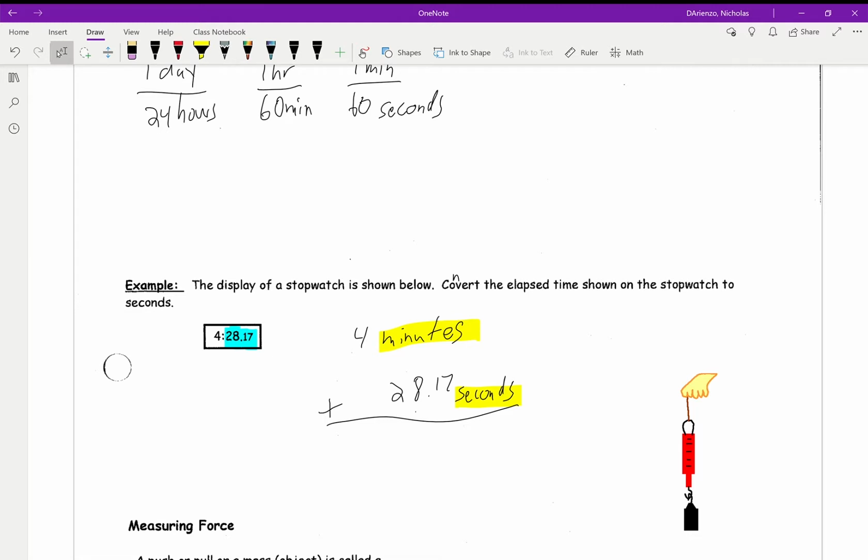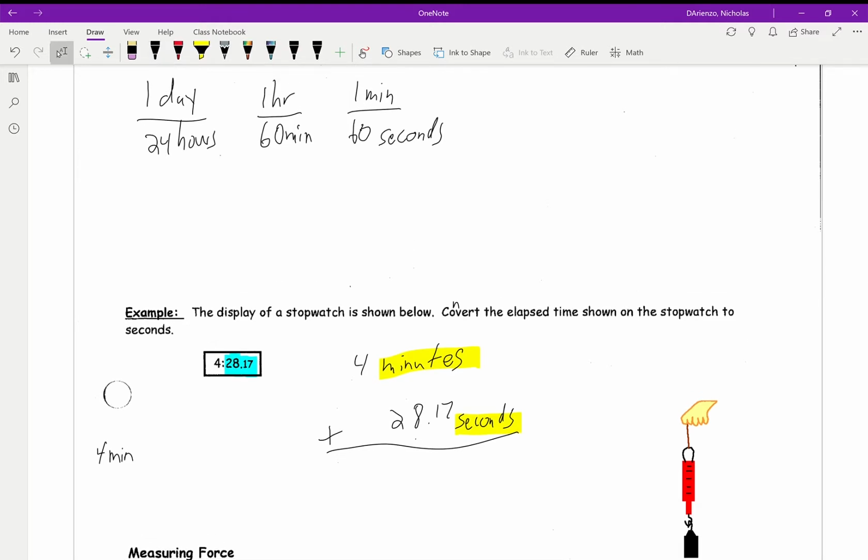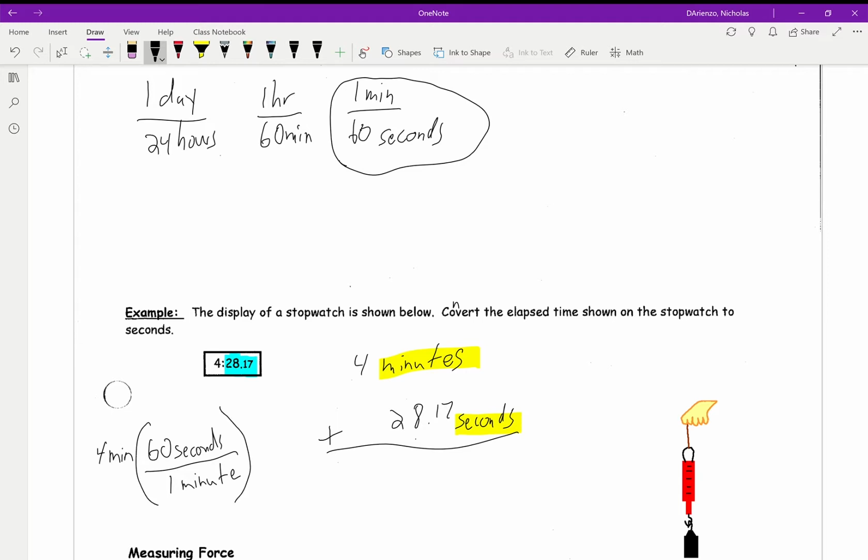So what we'll do, we know we have 4 minutes, and we know from our conversion that for every minute we have 60 seconds. Now we're going to rearrange this a little bit in order to cancel out our units. We're going to say that there are 60 seconds for every 1 minute. When we multiply this through, it's going to allow our minutes to cancel. 4 times 60 will give us 240 seconds.